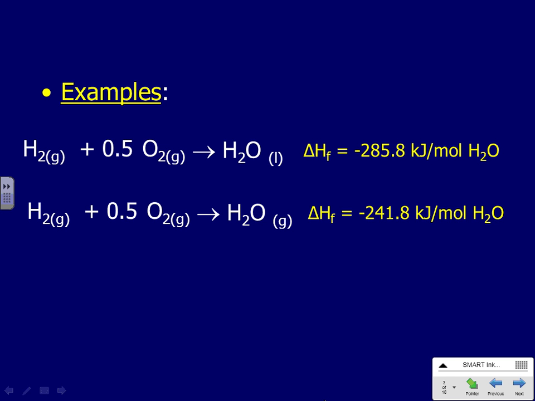There's just a list of the chemicals. And these are two formation reactions. One is forming water in the liquid state, and the other one is forming water in the gaseous state.